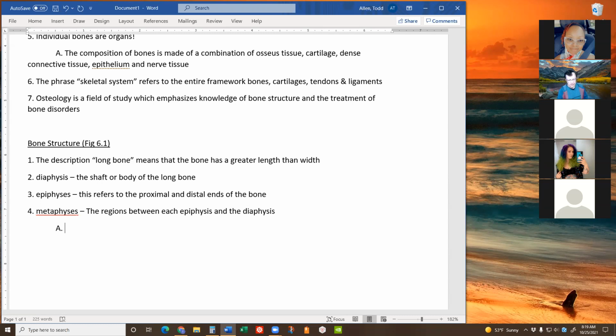All right. Now, there's something important that we need to talk about here, and I think many of you probably have some familiarity with this. On figure 6.1, panel A, the leftmost image, I'm going to ask you a couple questions.